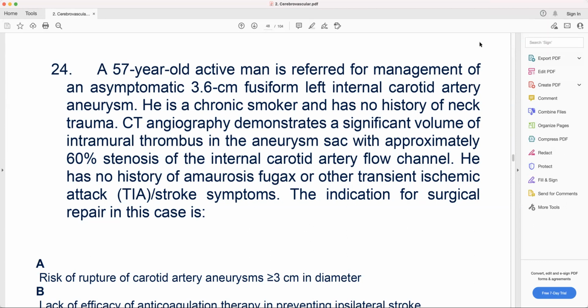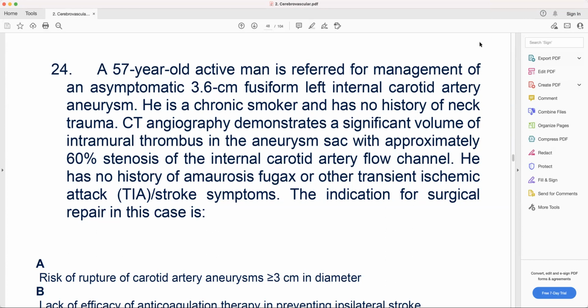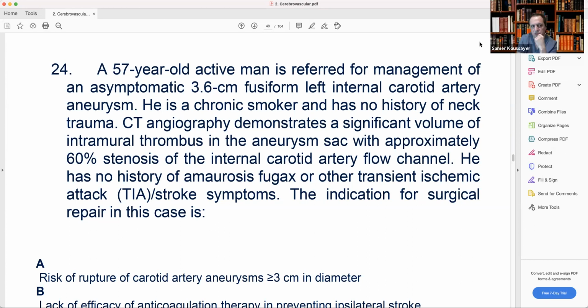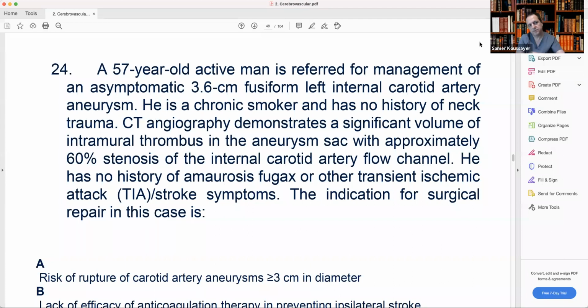Do you remember the indication to repair an internal carotid artery aneurysm? First, do they rupture or do they embolize? You are afraid of emboli more than rupture. Correct, like the other arteries, right? Yes, so we are afraid of emboli.